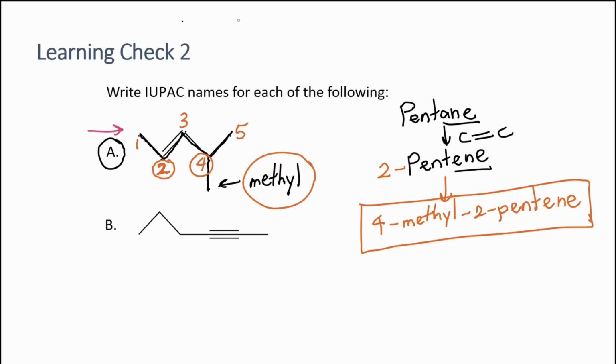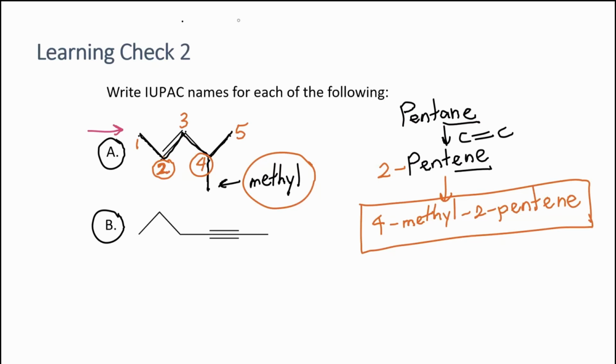Okay, now let's do structure B. Now this is a line angle structural formula. The first task is to find out what is the longest carbon chain.